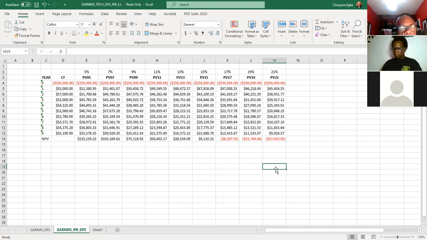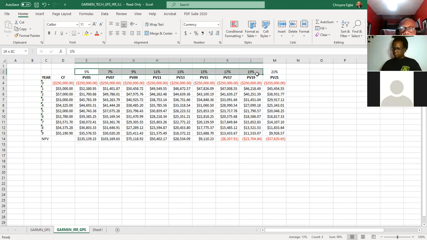So the way to simply do it is you take the cash flows for each year, and you take different possible costs of capital, and then you can plot them on a chart.